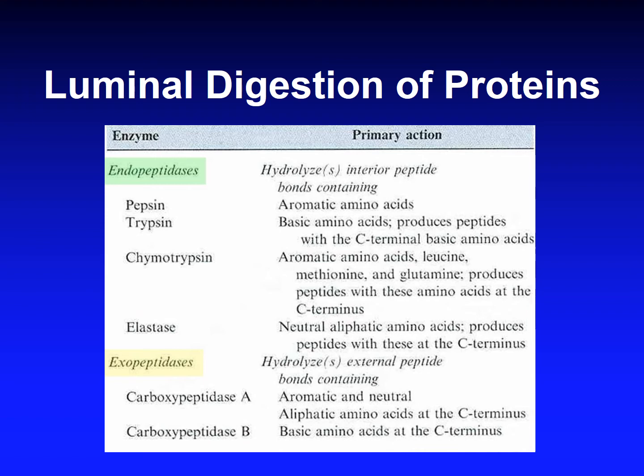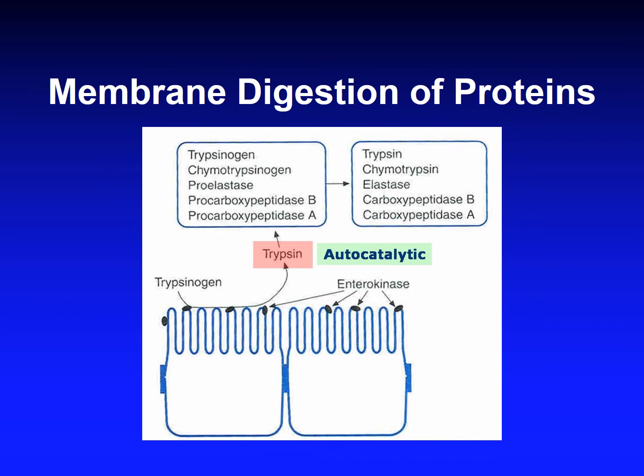Now, what happens at the membrane level for protein digestion? This is a picture that shows a couple of enterocytes, and on the apical membrane of these enterocytes, you have a group of enzymes called enterokinases. Enterokinases are membrane protein-bound enzymes.